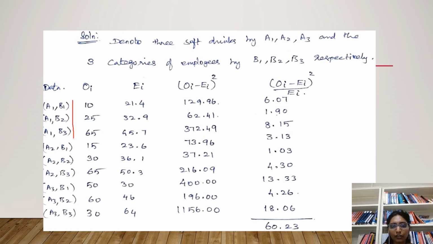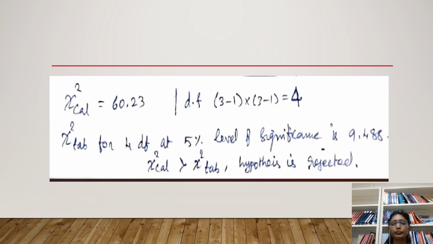The corresponding row total into column total dividing by the grand total. That is the formula. Using that formula, I have calculated this Ei. And from this, I can easily calculate Oi minus Ei the whole square, and then the value is divided by Ei. The last column is given, and the sum of this column is 60.23. So the calculated value is 60.23.